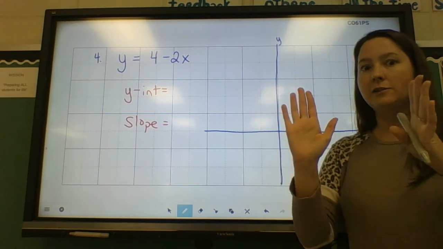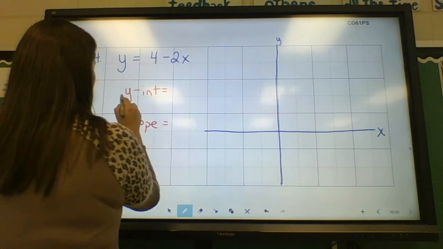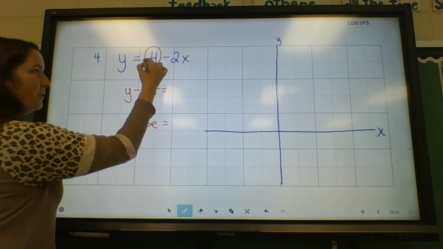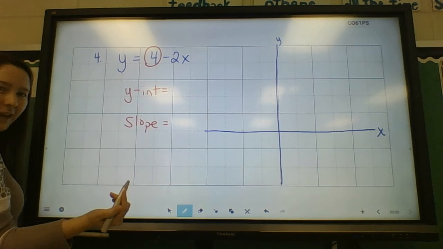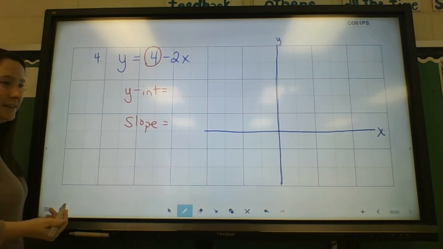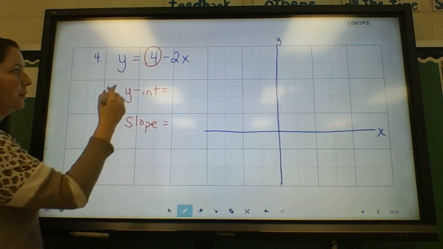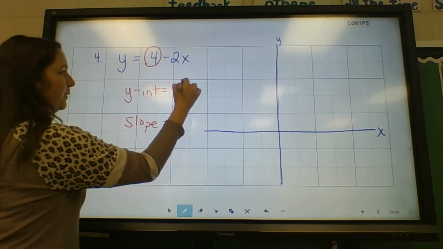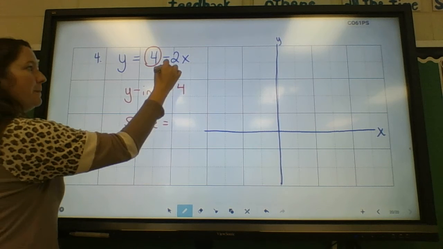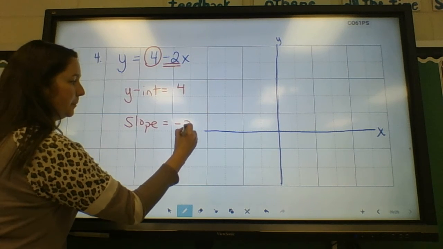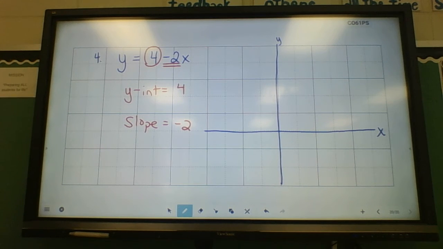That doesn't change. All right, so now the y-intercept is 4. Even though we think it's in the wrong place, it's not necessarily in the wrong place. So my y-intercept is 4, and my slope is now -2 because it's subtract 2.